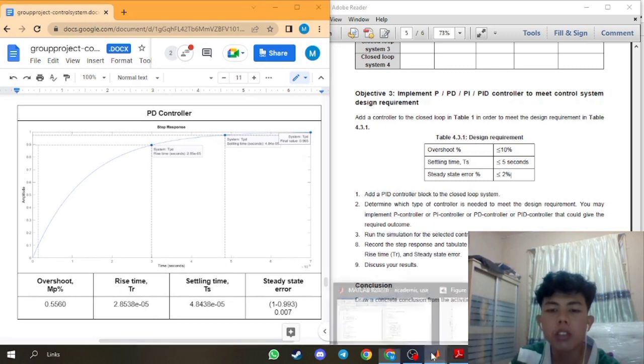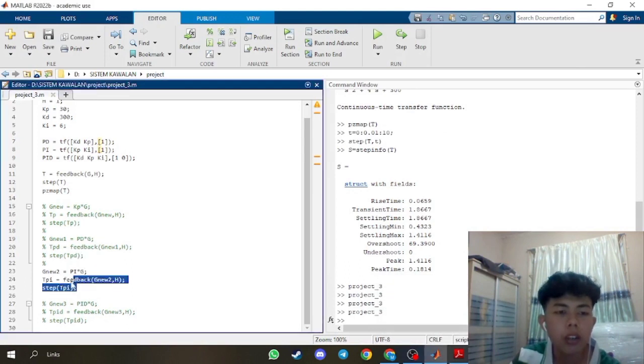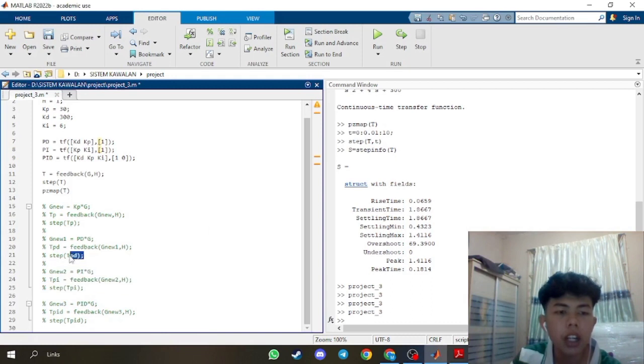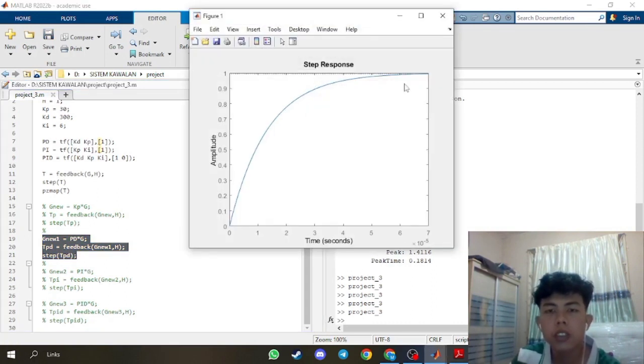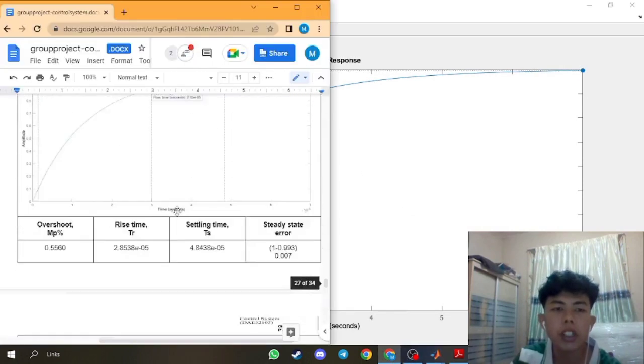For the PD controller, I comment this and uncomment this. So I run. After I run, I get this graph from the PD controller, same as my report.